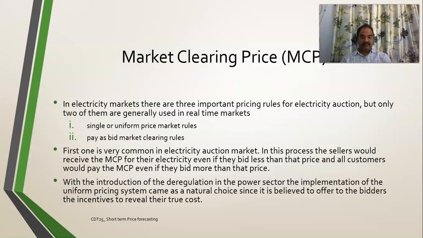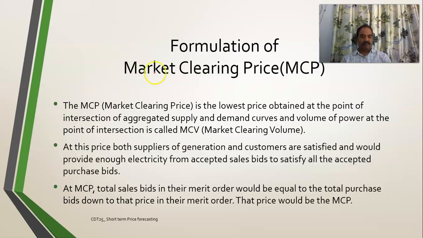In electricity markets, as we have already discussed, there are two different things: single or uniform price market rules, and pay-as-bid rules. But with the pool operator, we generally finalize the MCP, which is the common price for all the players. It is the lowest price obtained at the point of intersection of aggregated supply and demand curves, and the volume of power is what we call the market clearing volume.